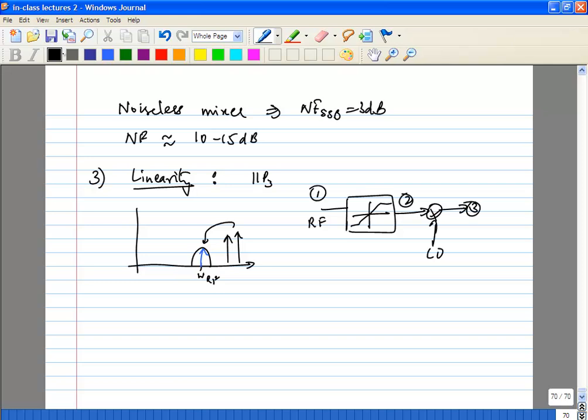So we'll look at signals in all three cases. At 1, you have the RF signal and the two interferers coming in. Let's draw it a little more systematically. This is at 1.